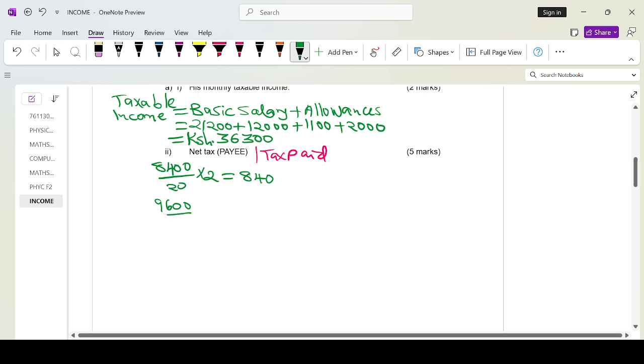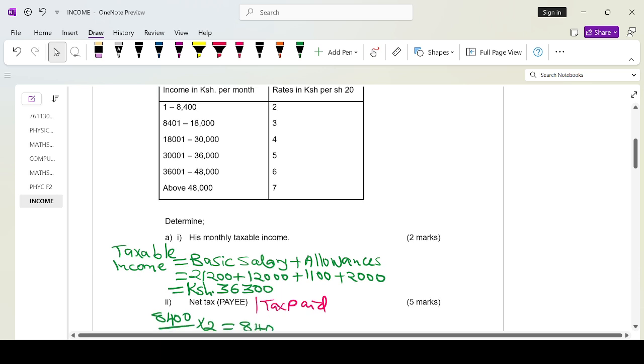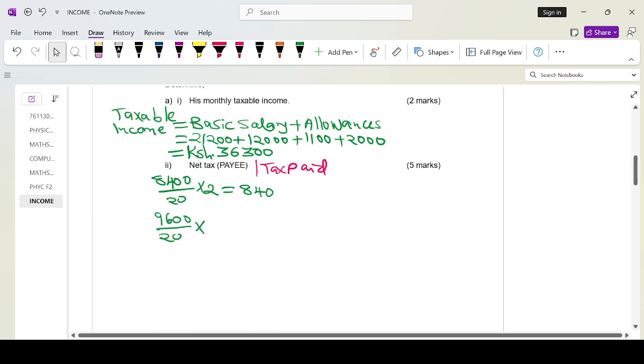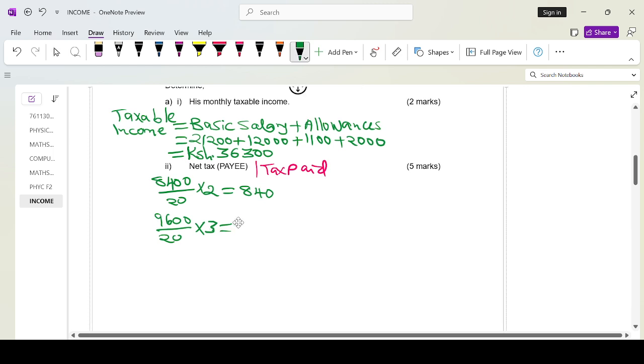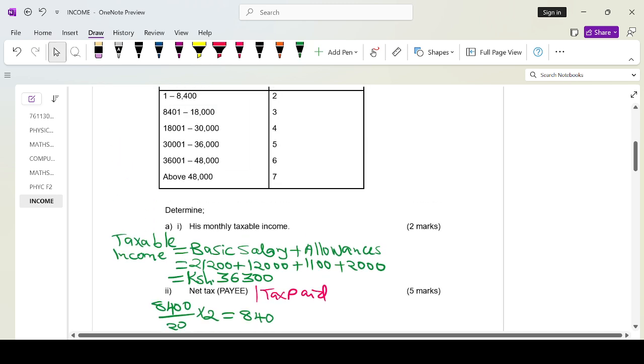And for every 20 shillings in the 9,600, we are charging 3 shillings. So the tax there, when you do that multiplication, is 1440. Then we go to the next band.